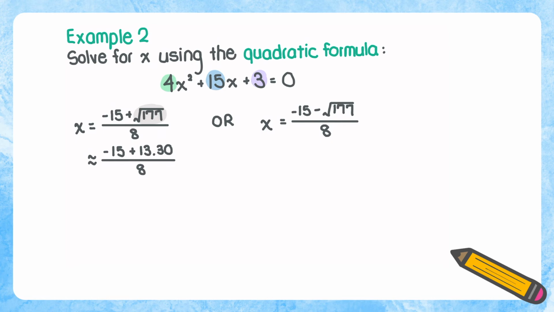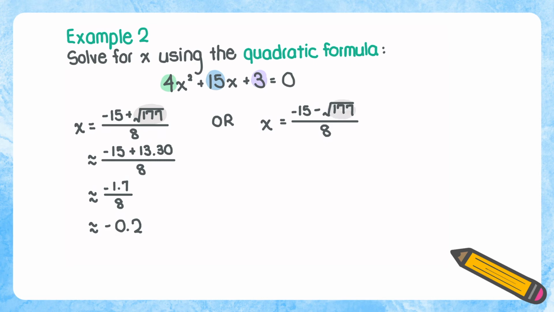Next, I'm going to add negative 15 plus 13.30. So x is approximately negative 1.7 over 8. So x is around negative 0.2. Not exactly, but very close to negative 0.2.